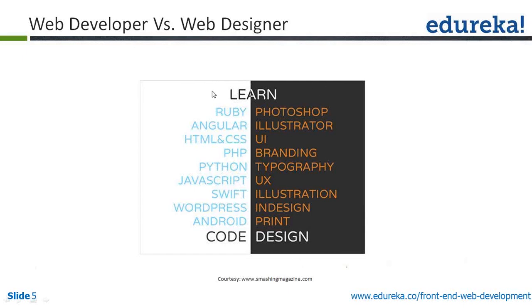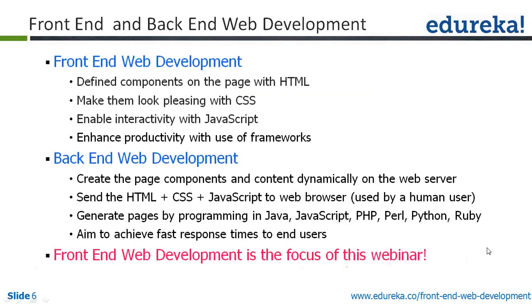You can see the web developer needs languages like Ruby, AngularJS, HTML, CSS, PHP, Python, and so on. Whereas web designer needs skills in using tools like Photoshop, Illustrator, typography, InDesign, print, and so on. Note that a web developer generally does the coding of the website, whereas a web designer does the design of the website.